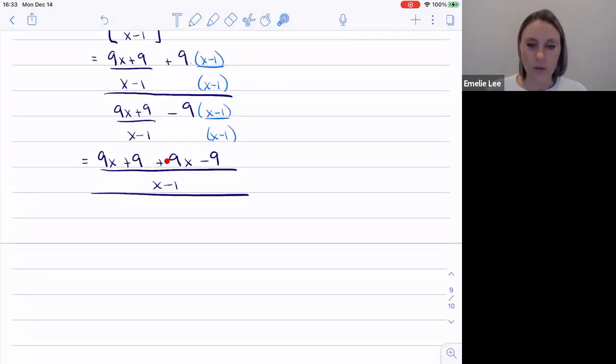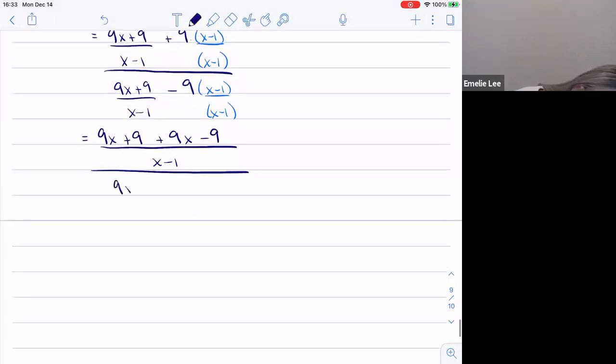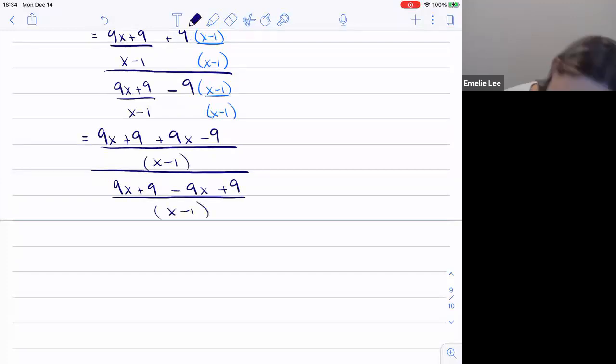Okay, so I put the numerator over a common denominator, and then I'm going to do the same thing with the denominator, but here I've got a negative 9 coming in, so I need to do negative 9x plus 9. So I get 9x plus 9 minus 9x plus 9 over x minus 1. And I'm going to put this x minus 1 in brackets.